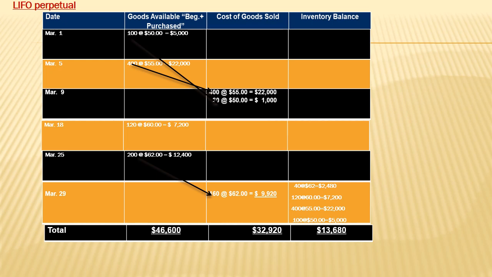That will give me 46,600, the cost of goods available for sale. Actually, the cost of goods available for sale will not differ under any of the four inventory costing methods. The thing that differs is the calculation for the cost of goods sold and the cost of ending inventory.